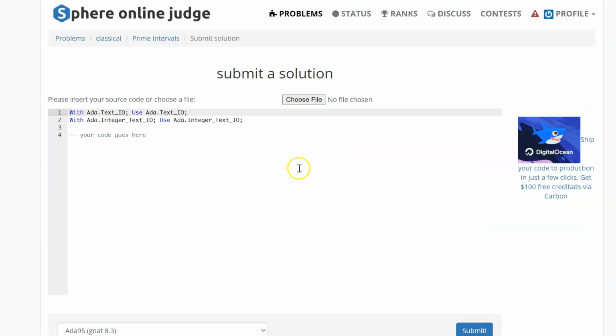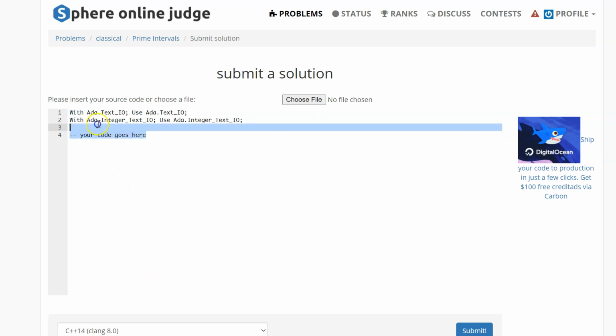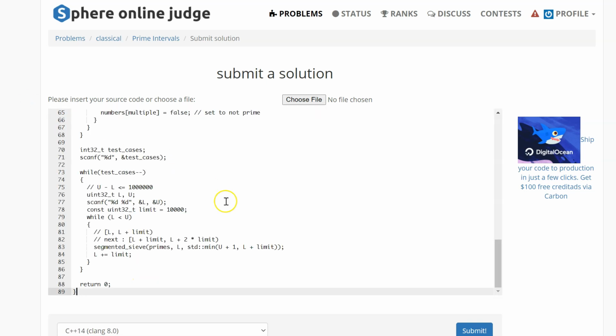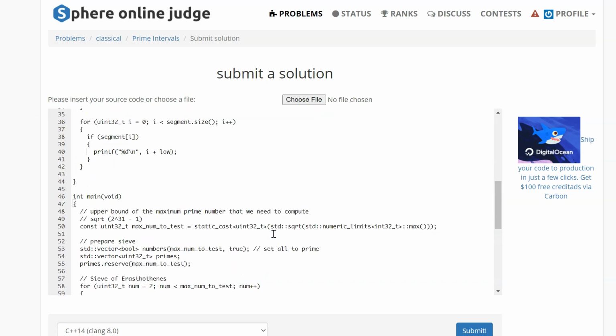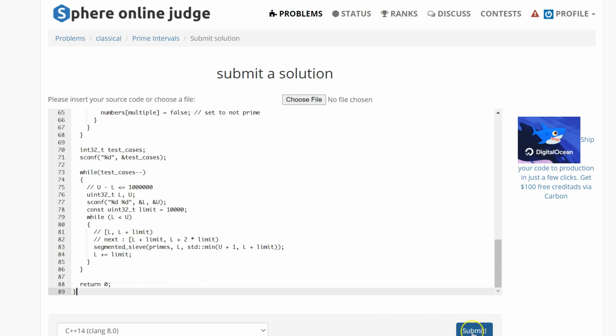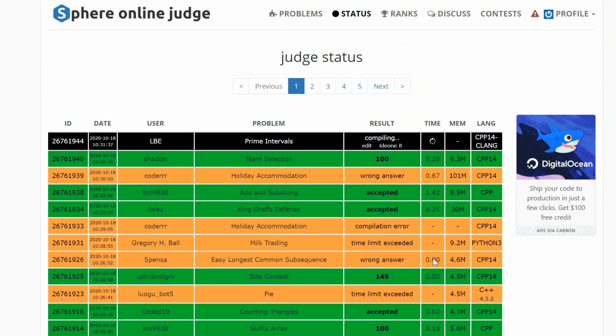Submit solution. We pick CPP 14. Looks all right. And there you have it.